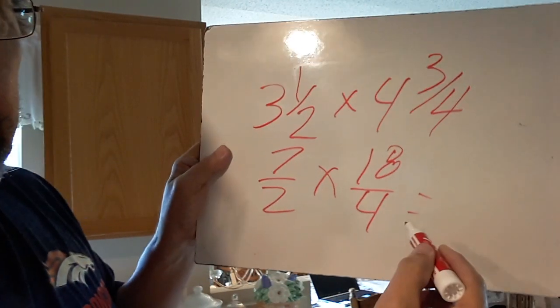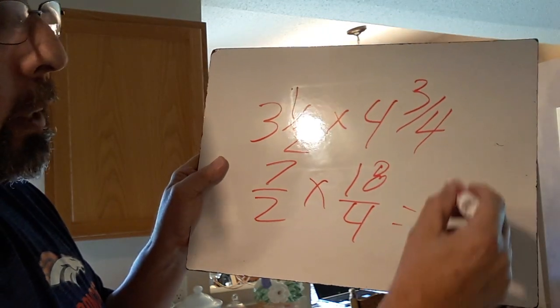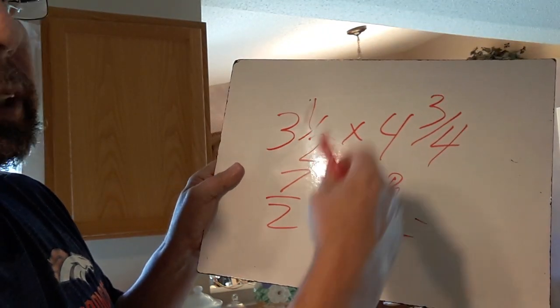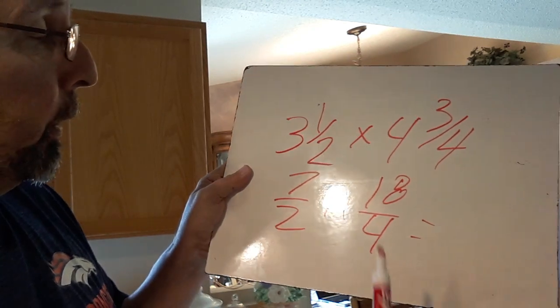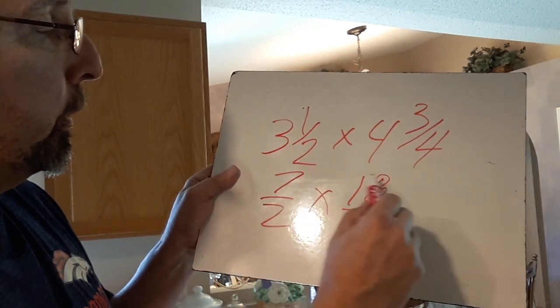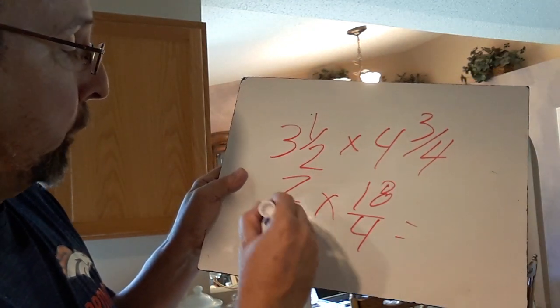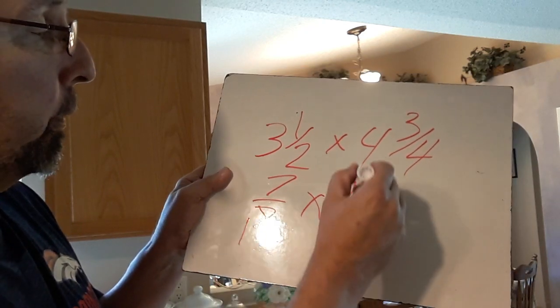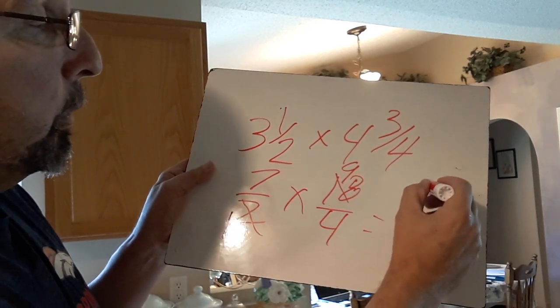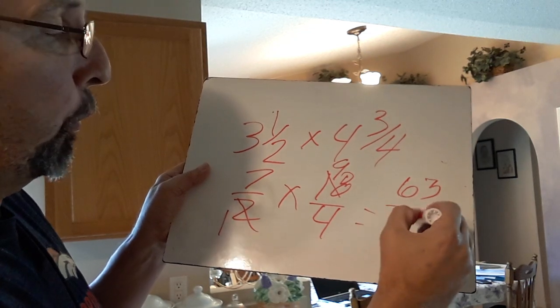And if it's an improper fraction, you're going to have to divide the denominator into the numerator and change it back into a mixed number. For instance, let's do the cancellation first. There's a 1, there's a 9, so we have 63 over 4.